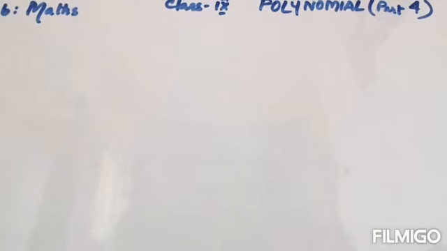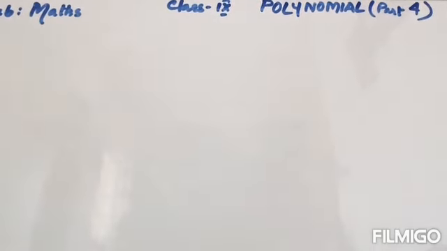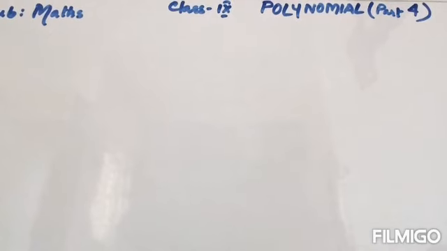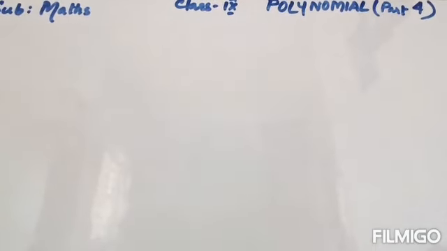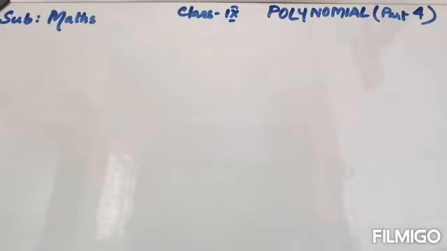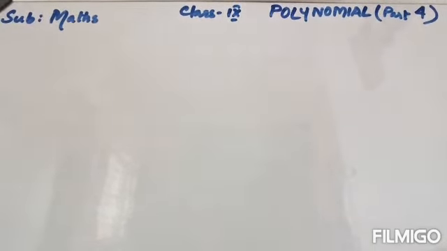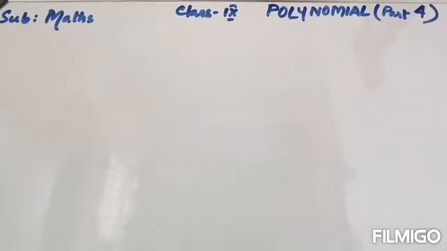Now today we are going to learn the factorization of polynomials, and we will learn another theorem that is known as the factor theorem. After that we will learn how to use algebraic identities, the ones we already know, in a polynomial.